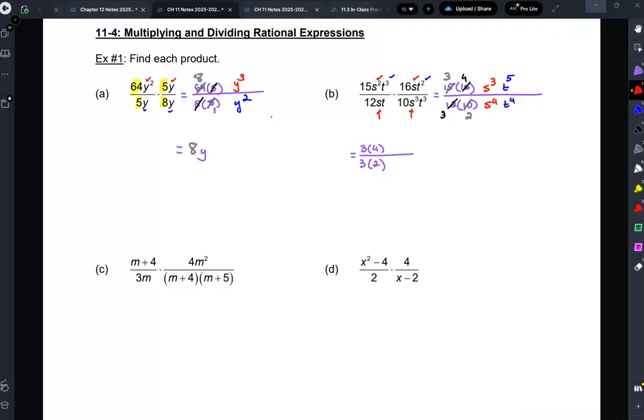How many s's remain? 1 on the bottom. How many t's remain? 1 t on top. Now look at what happens. The 3's, I can still reduce them. The 4 and the 2, I can still reduce them. So I have 2t on top, 1s on the bottom. Okay?